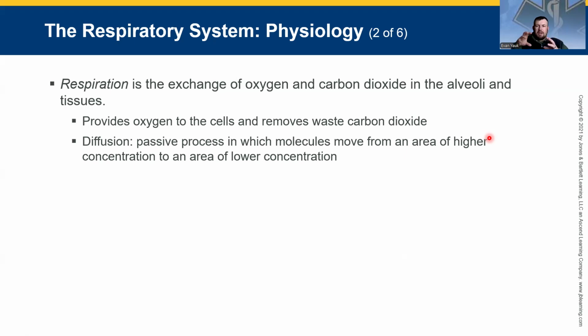Our alveoli are now holding carbon dioxide ready to leave. Oxygen comes in and offboards into the alveoli. Now it's really crowded, so carbon dioxide leaves. So now we've got oxygen and we've got carbon dioxide.